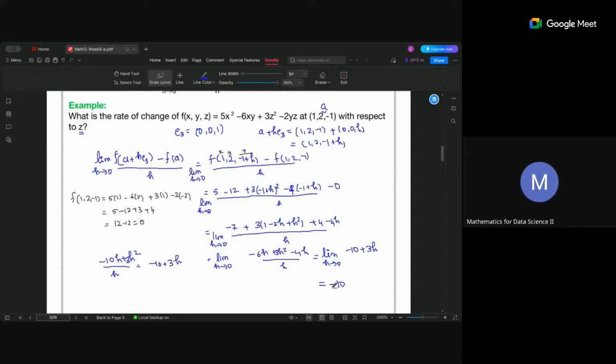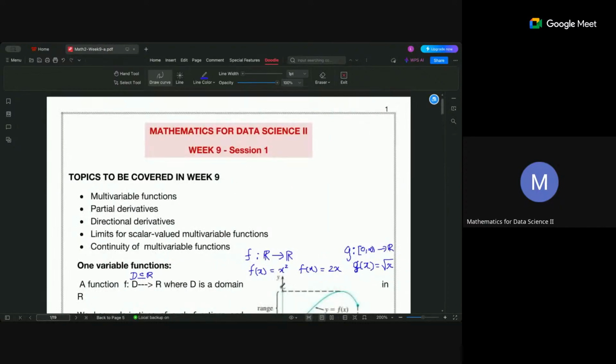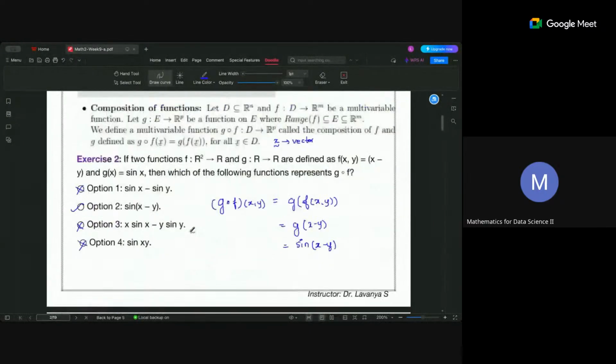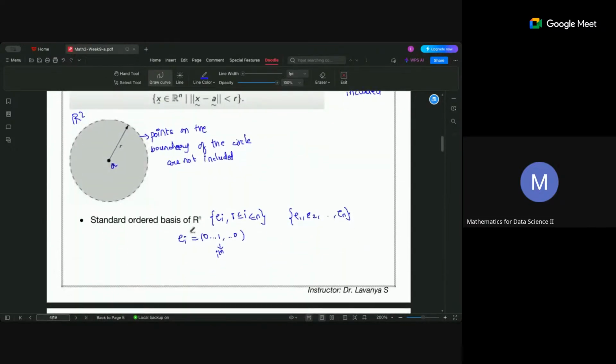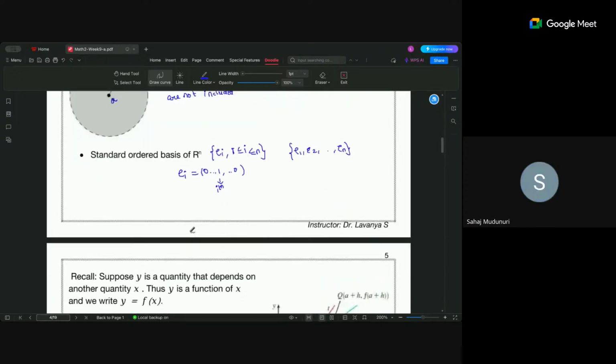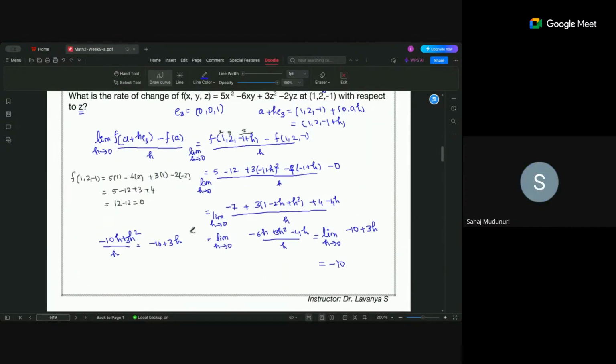There is only one topic where we see limits of vector valued things, I guess, sequences in multivariable functions. Ma'am, just to confirm, if something converges, then the limit exists.